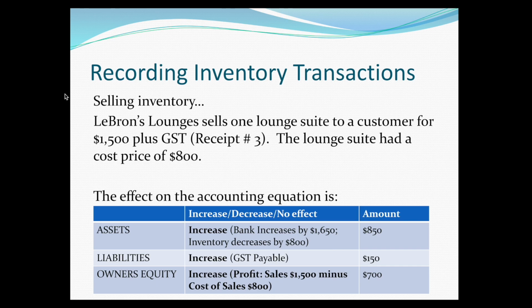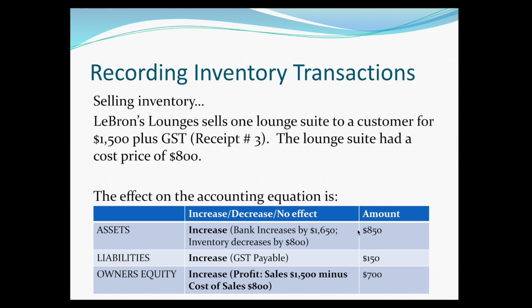Remember, some scenarios don't give you the GST, but you'd have to use your own knowledge to calculate it. So if you have $1,500, then the GST would be 10% of that, which is 150. So you just add 150 to get 1,650. And then the inventory decreases by 800. So the total value in the asset section is 850.